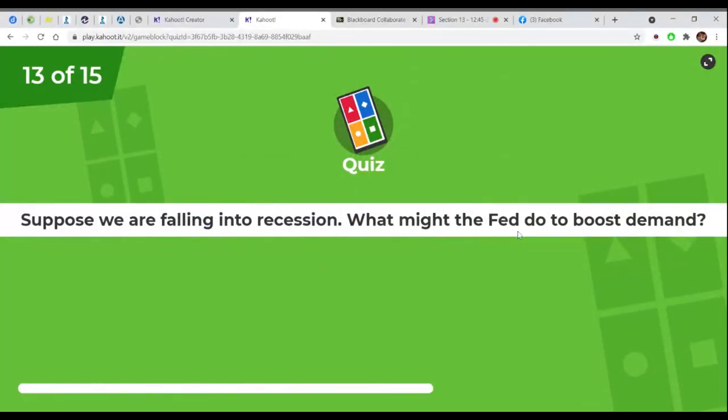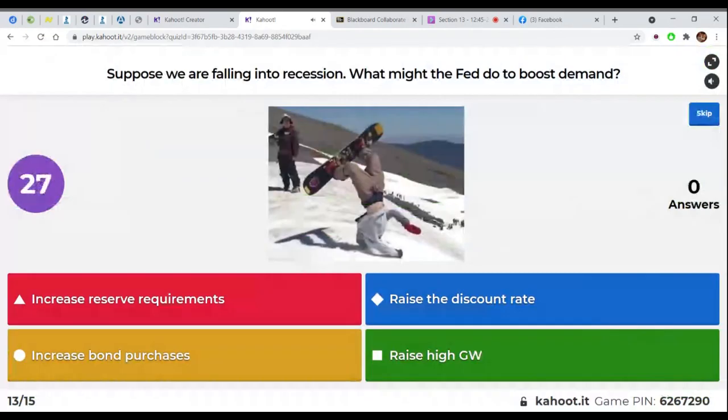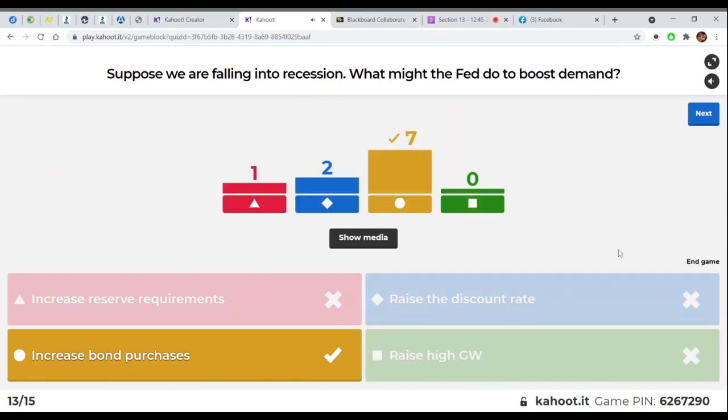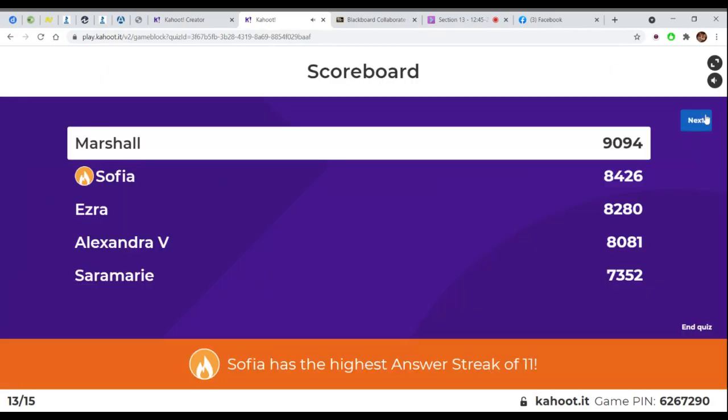Suppose we're falling into recession. What might the Fed do to boost demand? Here it's a little harder. You have to think how they would achieve the answer from the last question. That's right. They could increase bond purchases.